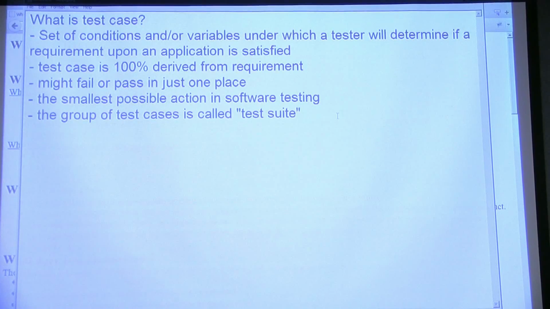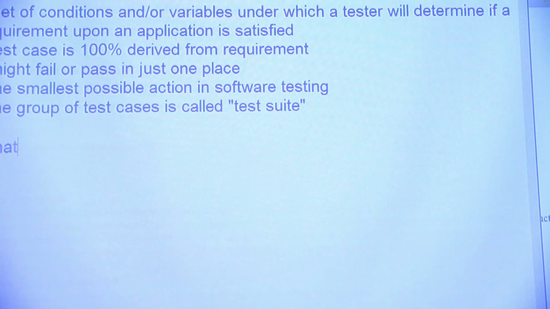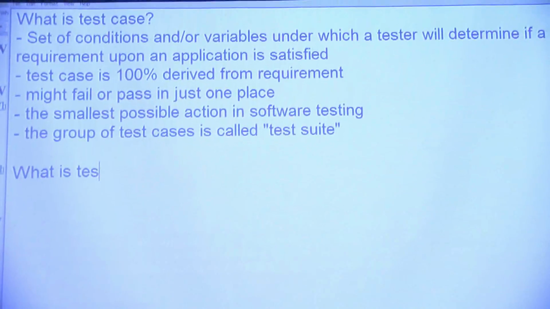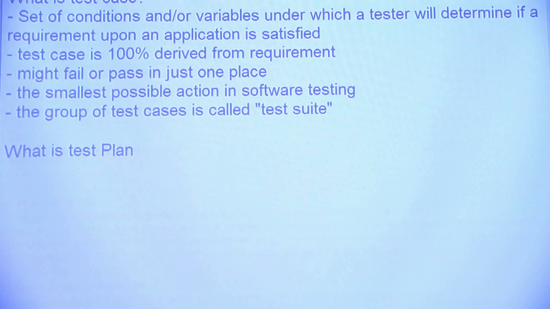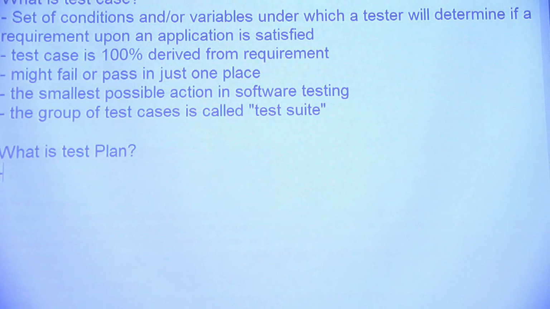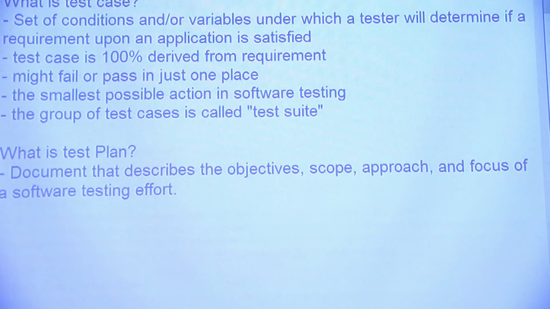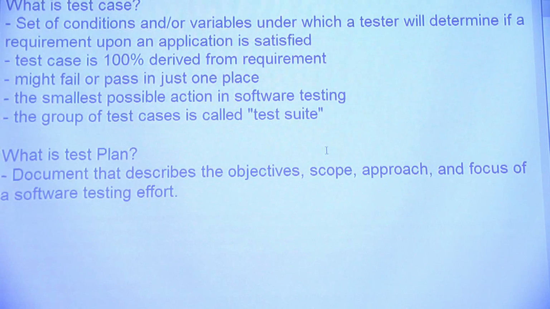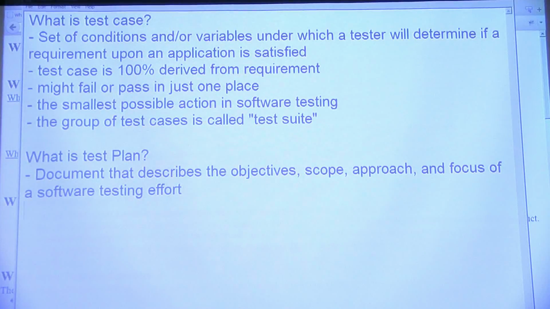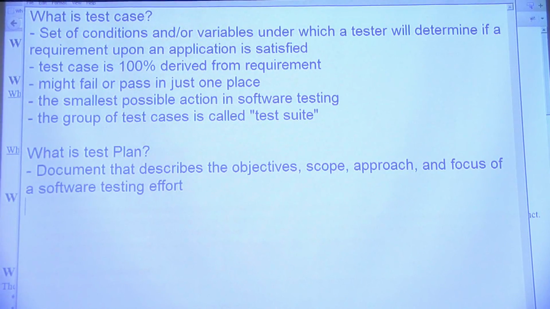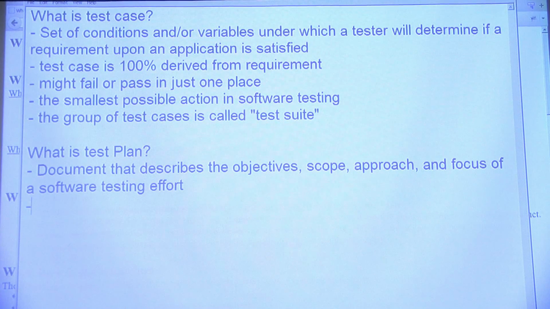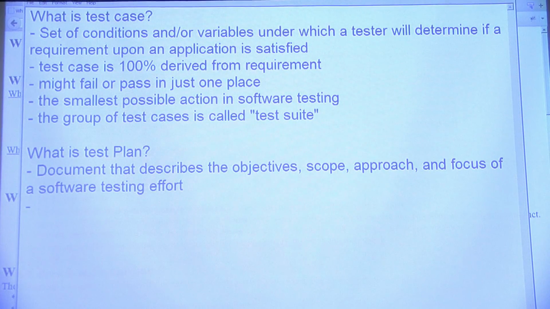Okay, what is a test case? What is a test plan? So first we have the definition. A document that describes the objective, scope, approach, and focus of a software testing effort, which so far doesn't tell you much. Okay, but what are the explanations attached to that?